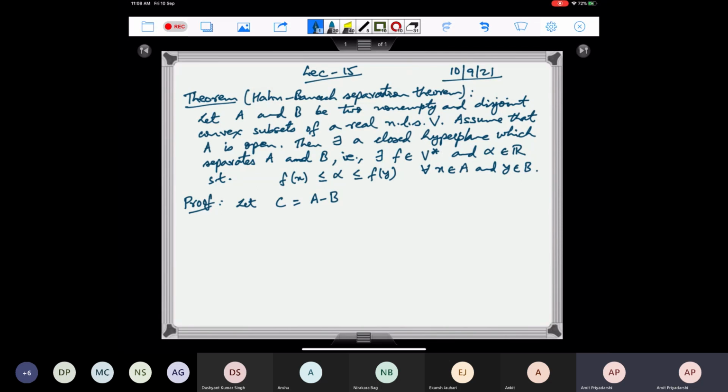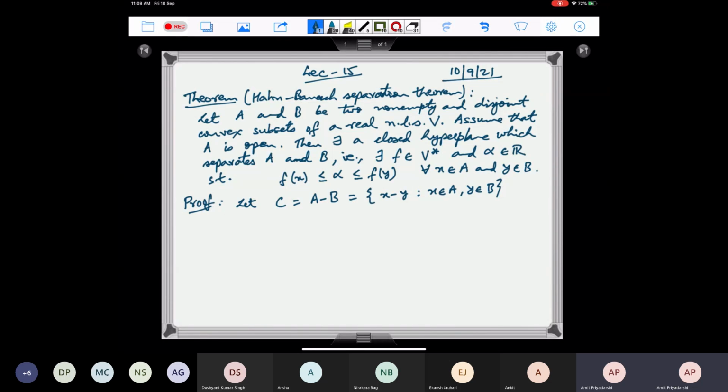So I can take this to be equal to x minus y, where x is in A and y is in B. If I take any arbitrary point in A and a point in B and take the difference and collect all such things, this is my set C.